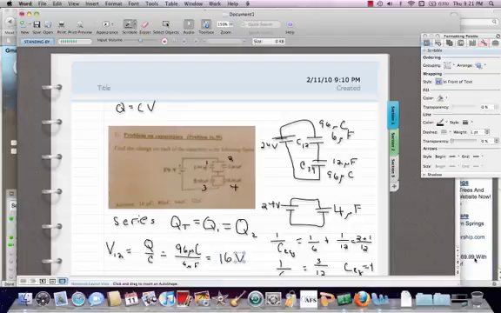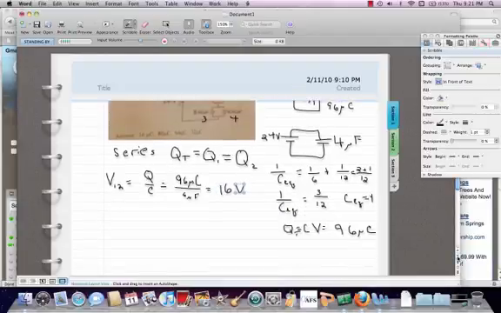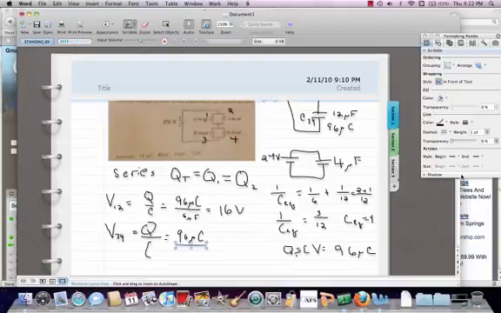Okay, and I can do the other one the same way. So V 3, 4 is equal to Q over C. Now Q again is 96 microcoulombs, and now my capacitance up here is 12 microfarads.